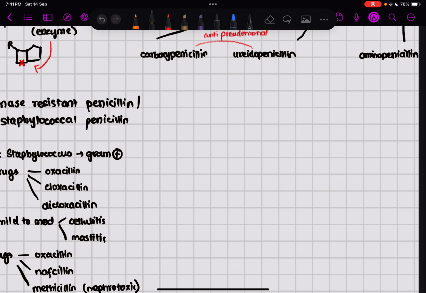Carboxypenicillin has this carboxy group. This carboxy group has a charge and it has increased water solubility, more water soluble. Uridopenicillin has a positive and a negative charge, and what they do is they have maximum water solubility.